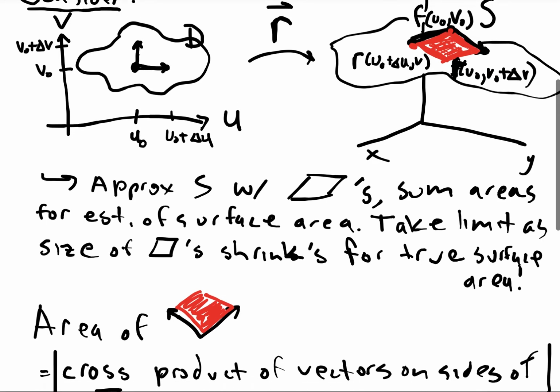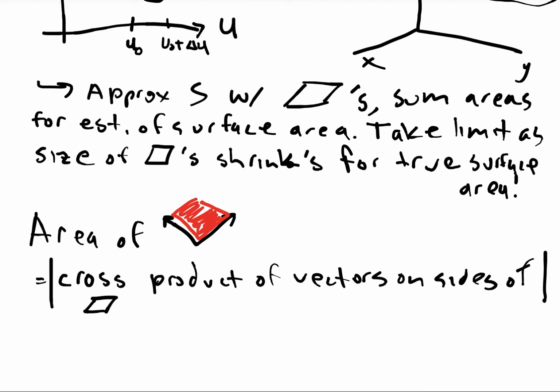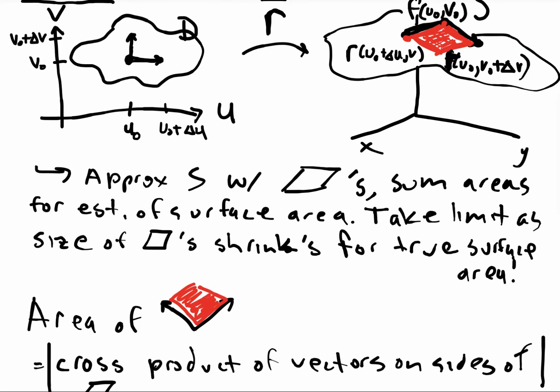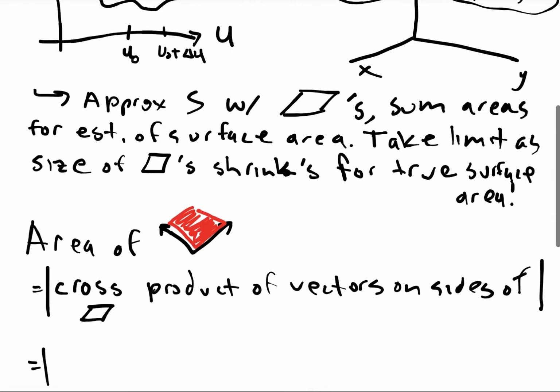Let's use those to help me figure out my vectors. Any vector is just a final minus initial point, so let's check what my final and initial points were. I basically want this R of U0 plus whatever term minus this R of U0. And that'll be my first vector.